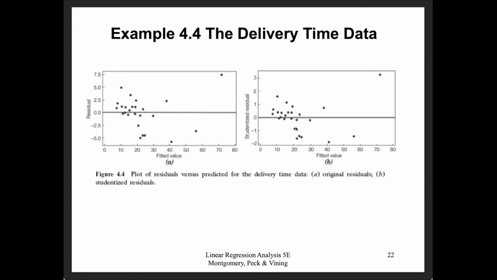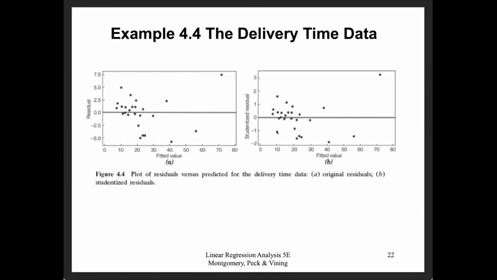One of the benefits of using the studentized residuals is that it makes it easier to identify potential outliers. I would think that this point up here that I'm circling would be a potential outlier. It's easier to make that determination using the studentized residuals than the raw residuals, because the raw residuals have not been standardized in any way, so it's difficult to know whether a value close to 7.5 for that residual is large or not.